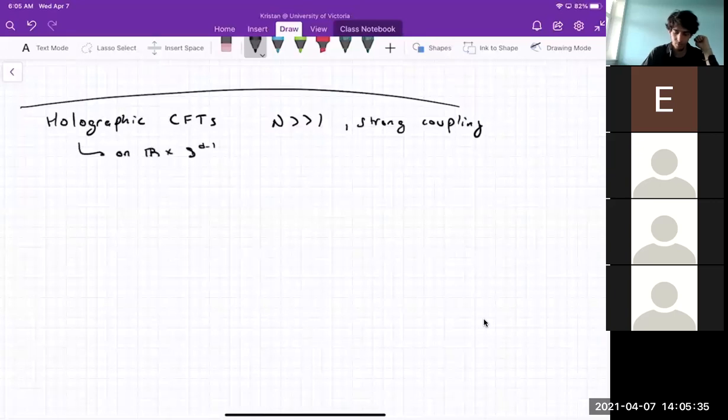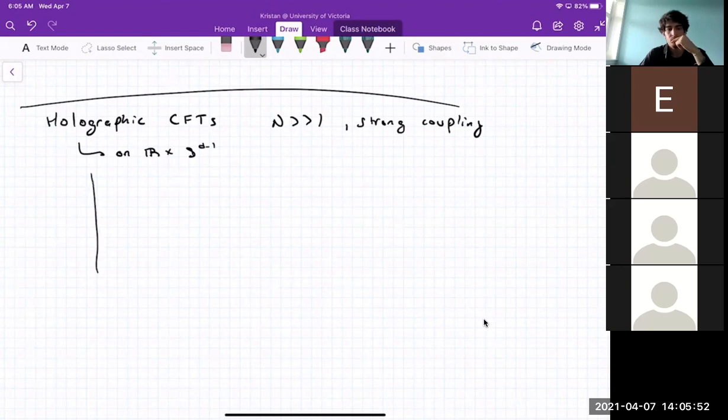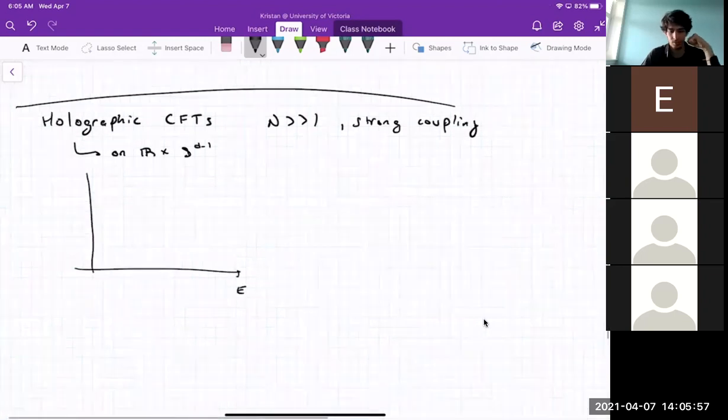I'm going to take the convention that the CFT is d-dimensional. If you put it on a space of this sort, then the Hilbert space of the theory has a nice picture that you can draw. So let's consider the density of states as a function of energy on the sphere.